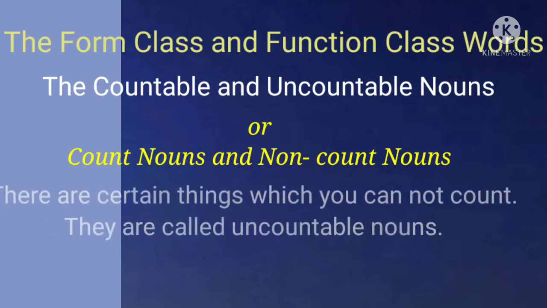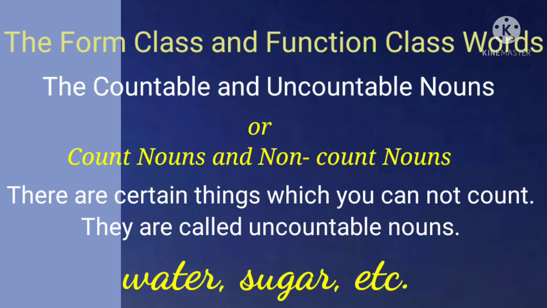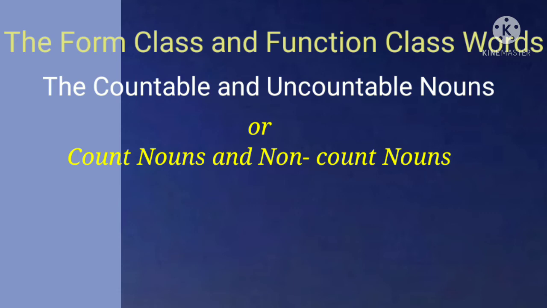And there are certain things which you cannot count. They are called uncountable nouns. For example, water, sugar, etc. are uncountable nouns. This is an important area of grammar where we commit mistakes. So I require one more class to discuss the countable and uncountable nouns here.